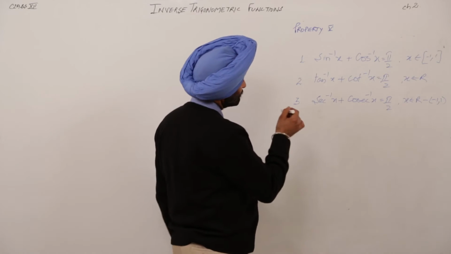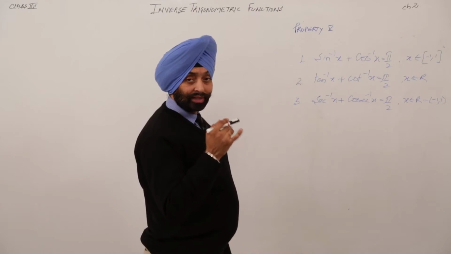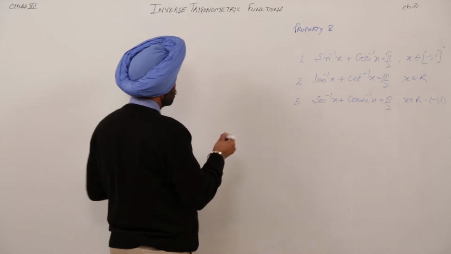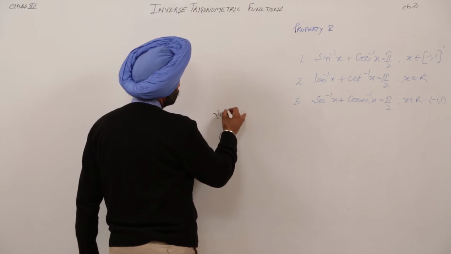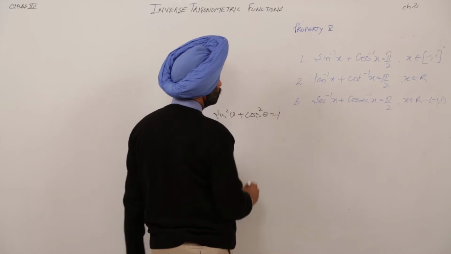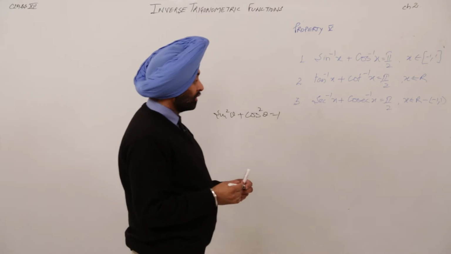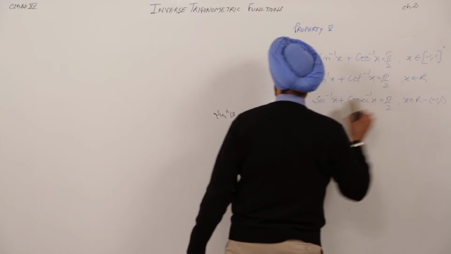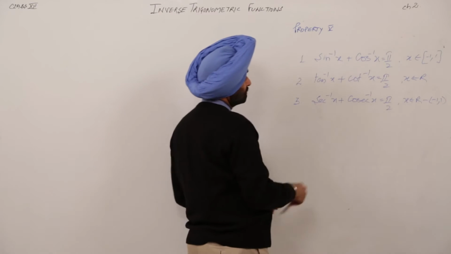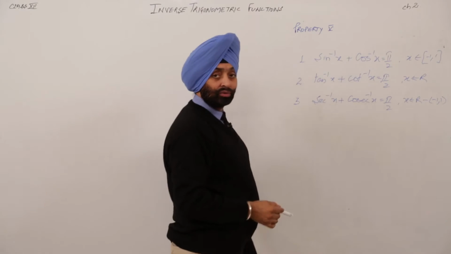Now in class 10th you got three identities. The property was sin square theta plus cos square theta is equal to 1. Now here in the inverse trigonometric functions we have the properties: sine inverse x plus cos inverse x is equal to pi by 2.